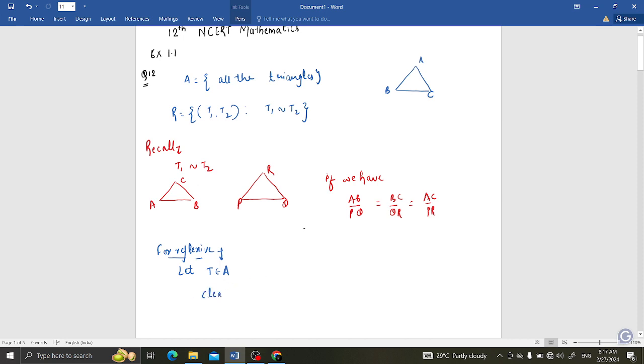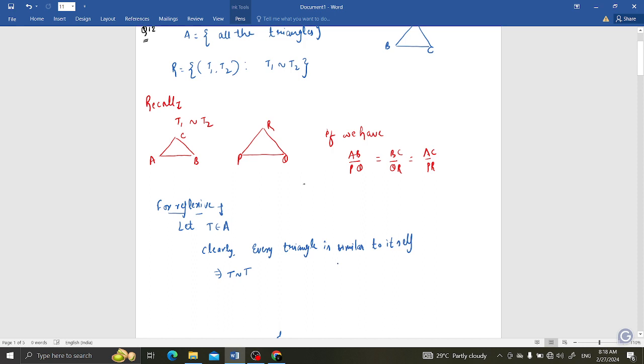Clearly, every triangle is similar to itself. So it implies that T is similar to T.